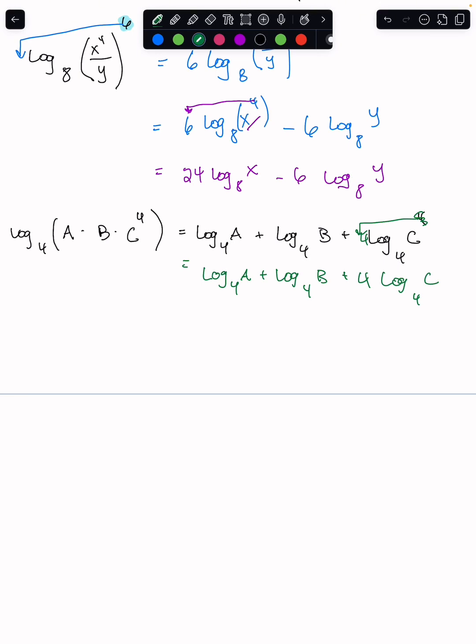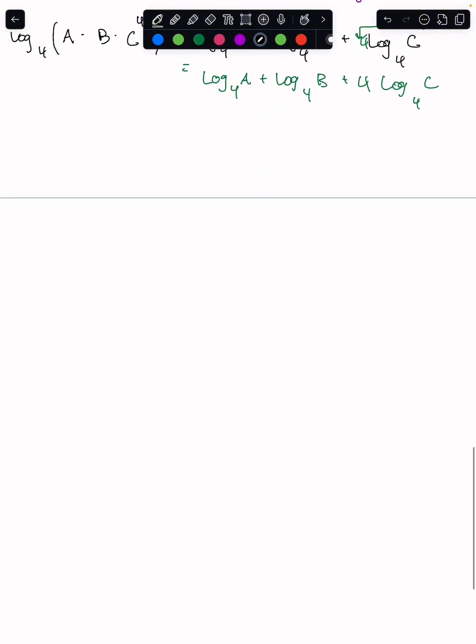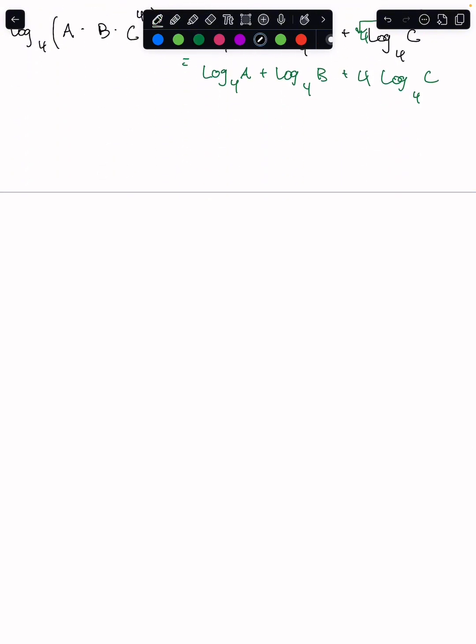And then our final example for this video is going to be this. What if I had log 5 to the 3 times the cube root?